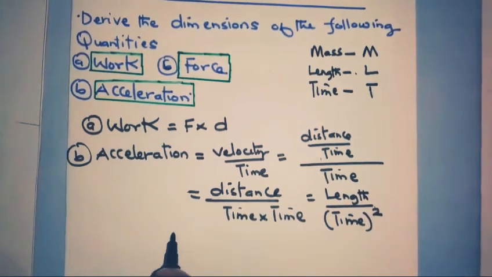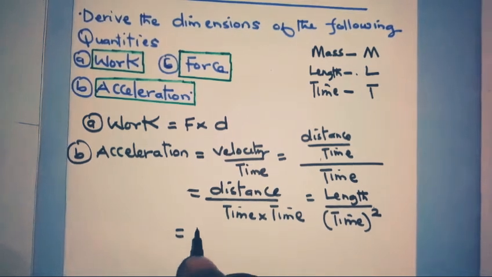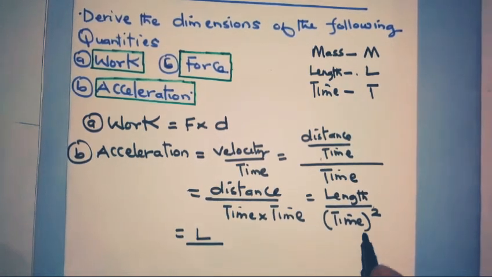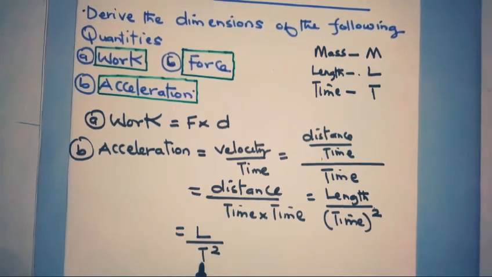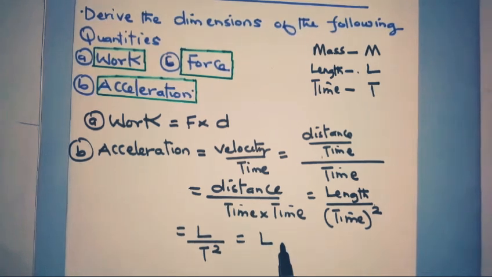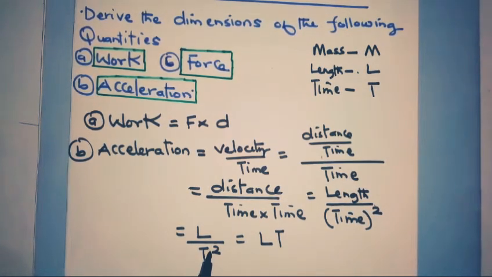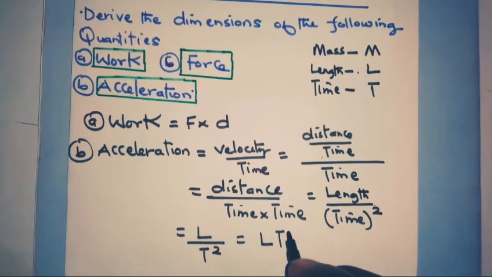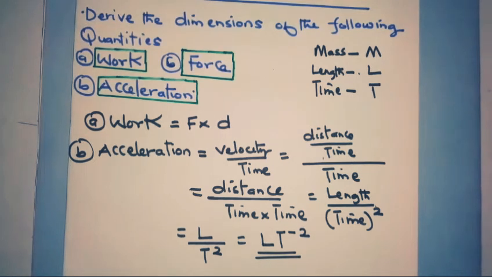So we have length, whose dimension is L, and then the dimension for time is T, squared there. So if you want to remove this fractional sign, that means you need to introduce a negative in front of that power. So you have LT to the power of minus 2. This becomes the dimension for the acceleration we're talking about.